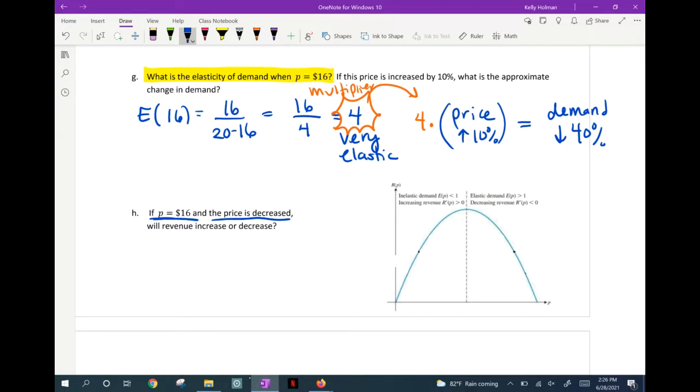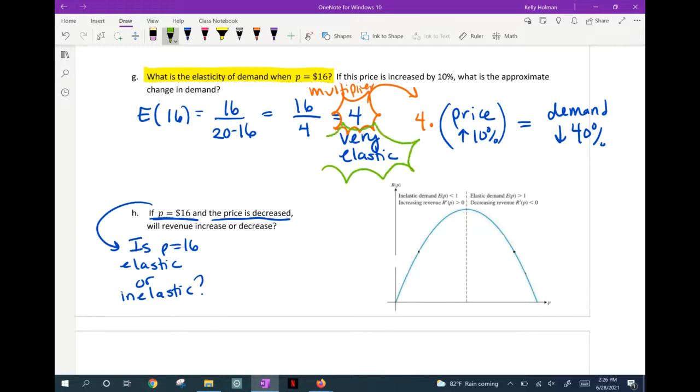So all we need to know when P is 16 is ask yourself, is P equals 16 elastic or inelastic? Because you need to know what side of the diagram to be on, right? Well, we found that it was very elastic. Yeah, it was super duper elastic, right?